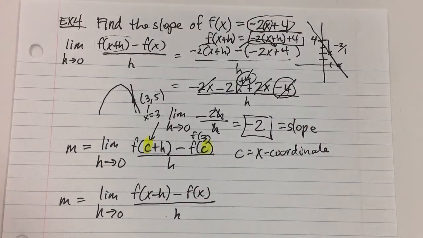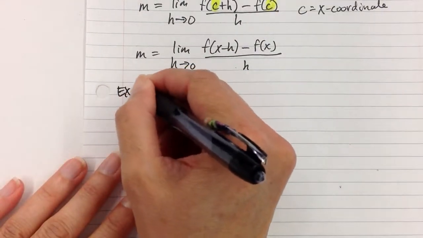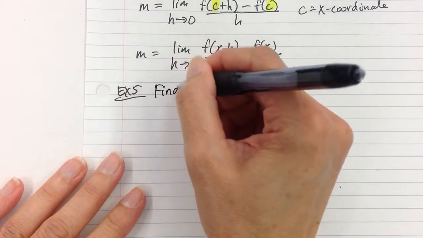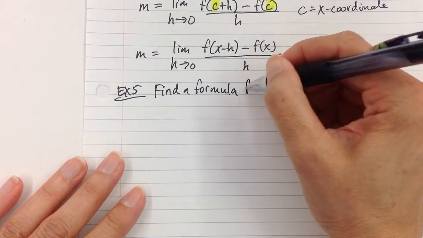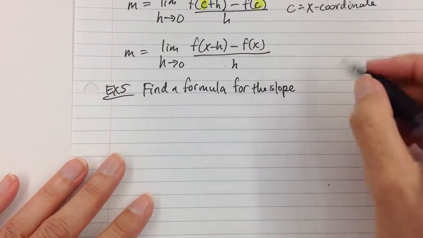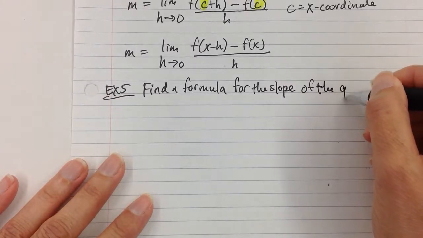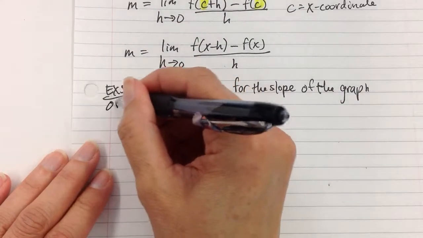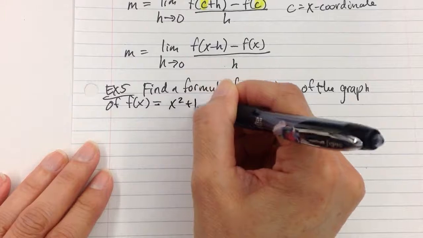All right, so let's try one more. Let you try this. Example 5, right below that: find a formula for the slope of the graph of f of x equals x squared plus 1.